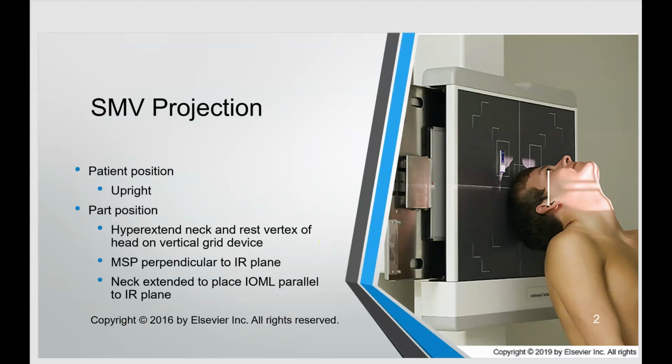Okay, so this is another view of that. Okay, you can see the entry point. Here's the angles. It's going to be right in the middle of those angles. Your IOML parallel to the plane of the IR.